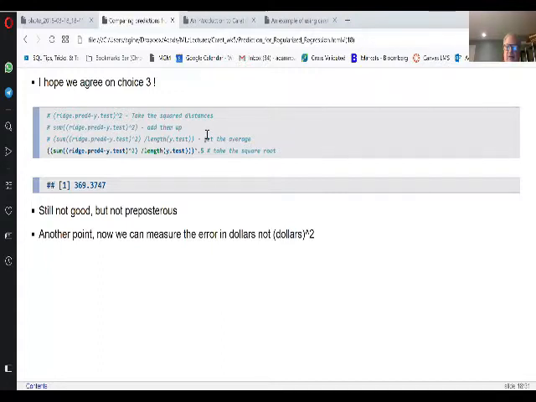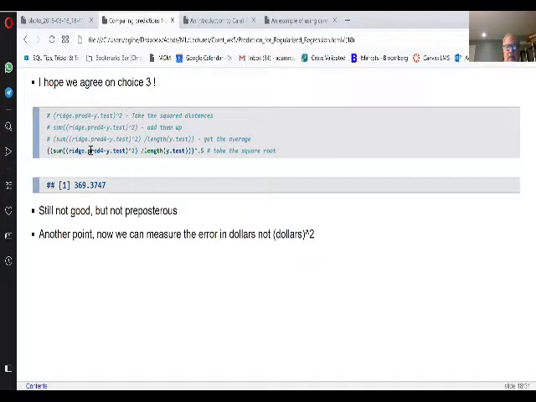This is like variance, and what we really want is standard deviation to have the same units. So finally, we wrap another set of parentheses around that and take the square root, i.e. raise it to the half power. Now we get something that's still crappy, but looks plausible, which is that on average, we're off by about $370,000. So this is how we're going to measure it.